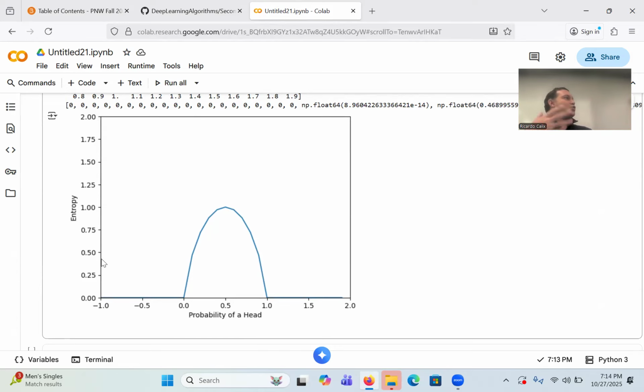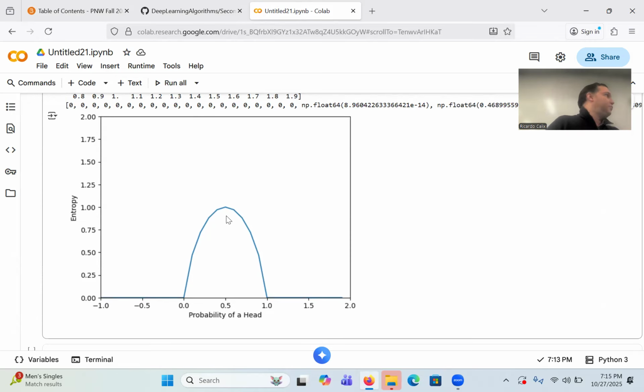So I can make some predictions about it. But the maximum uncertainty happens when the probability of heads in a binary problem is 0.50, because then the probability of tails is also 0.50. So I have the highest entropy. Do you guys understand? That's the whole idea. Okay. So this is just a metric to measure uncertainty based on the probabilities of outcomes.